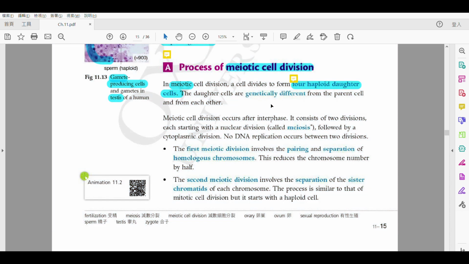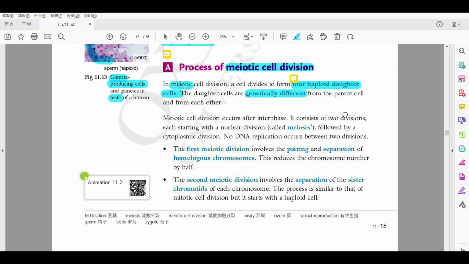Okay, no problem. Let's continue. Okay, so when we talk about the haploid cells, they are genetically different from the parent cells. Okay, so this is very important. That's the main point of having sexual reproduction. Alright? Why are we not having mitotic cell division?